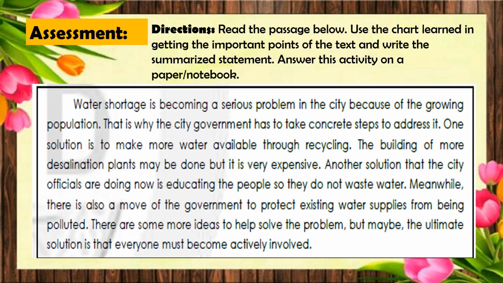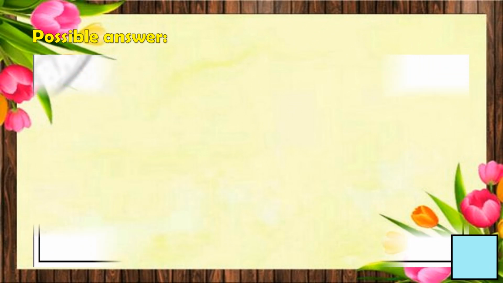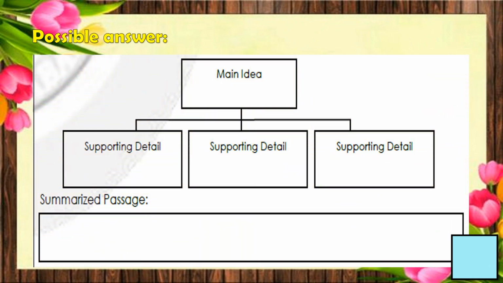Meanwhile, there is also a move of the government to protect existing water supplies from being polluted. There are some more ideas to help solve the problem, but maybe the ultimate solution is that everyone must become actively involved. So you have to write the main idea, the supporting details, and the summarized passage.